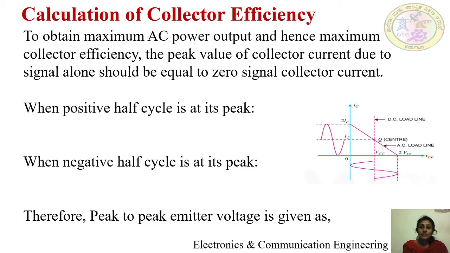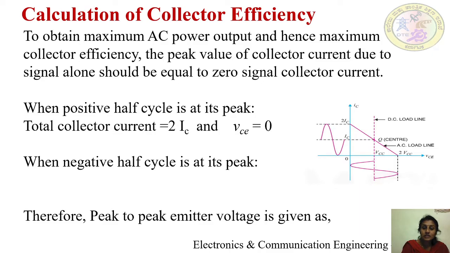So during the positive half cycle, the total current is given as 2 IC at VCE equal to 0.